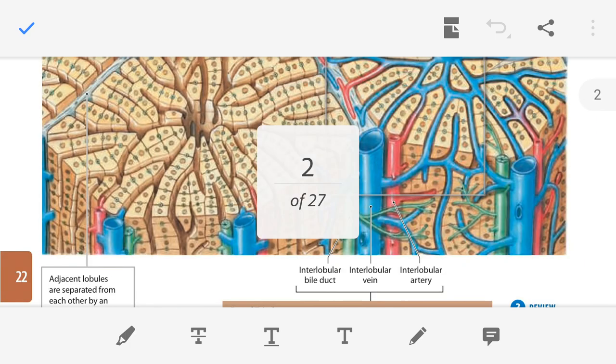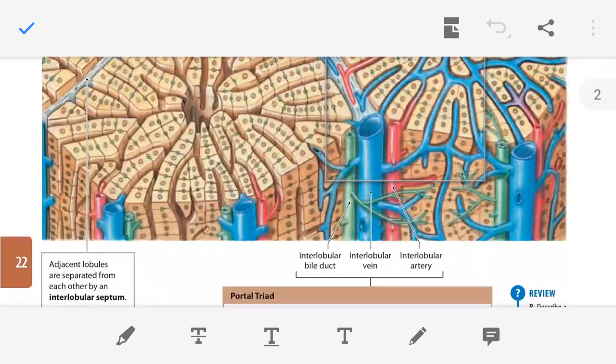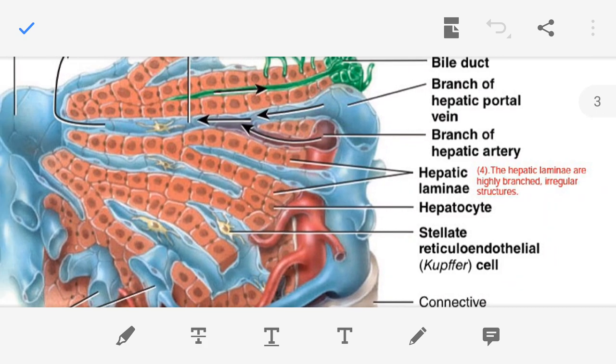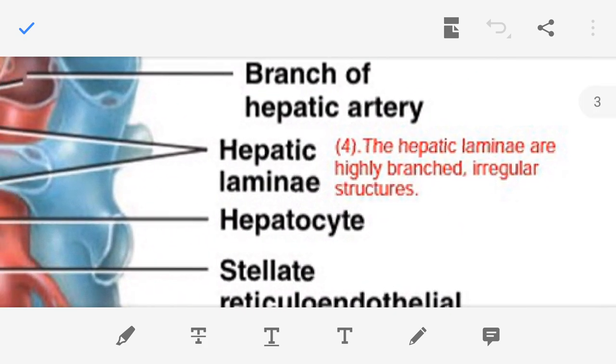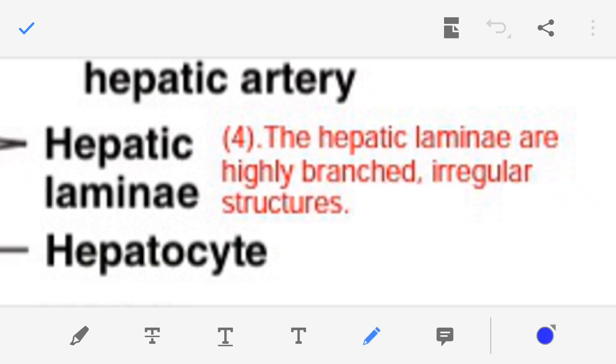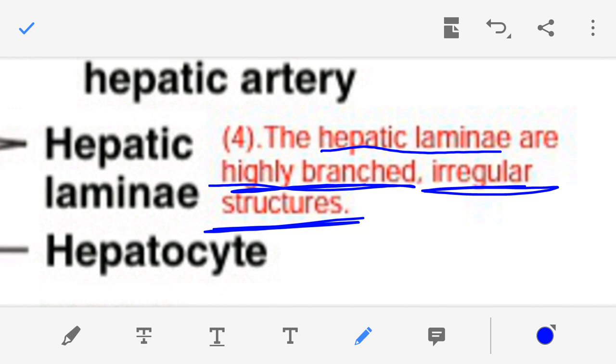Now moving on to the fourth point of our discussion. The fourth point is regarding the hepatic lamina. Hepatic laminae are highly branched and irregular structures.